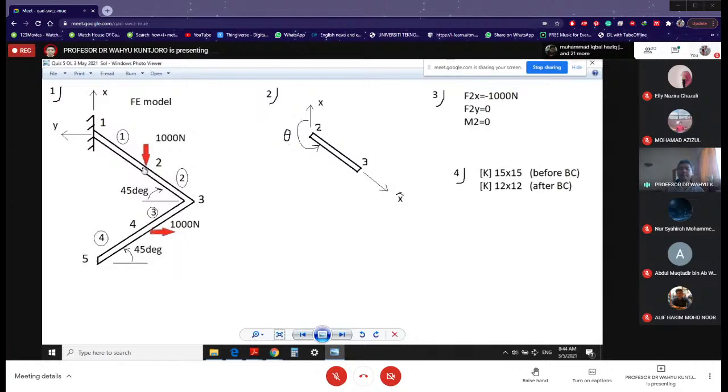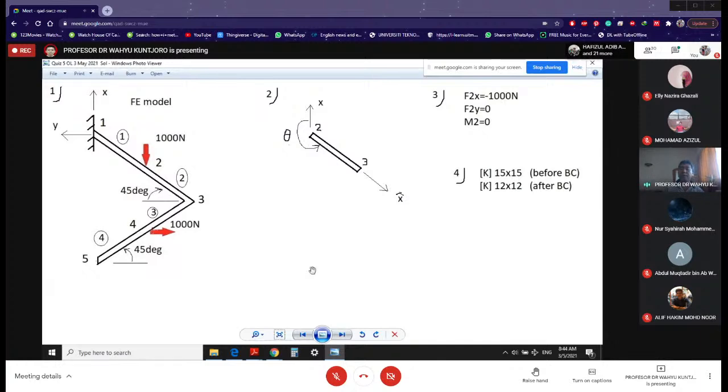And what about the size of your structural stiffness matrix? That depends on the number of nodes. You have 5 nodes, 1, 2, 3, 4, 5, and at each node you have 3 degrees of freedom. That means you have 15, because 5 multiplied by 3 is 15.